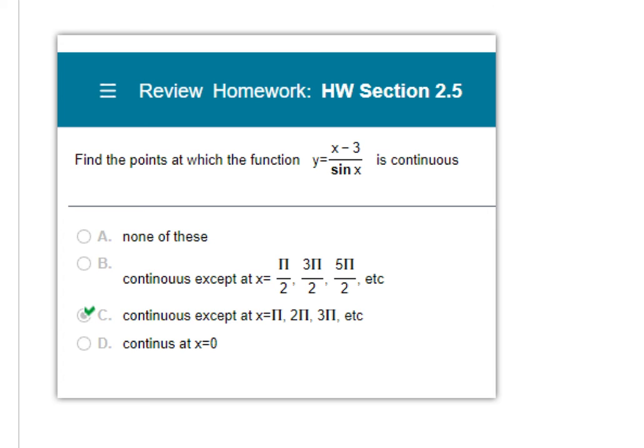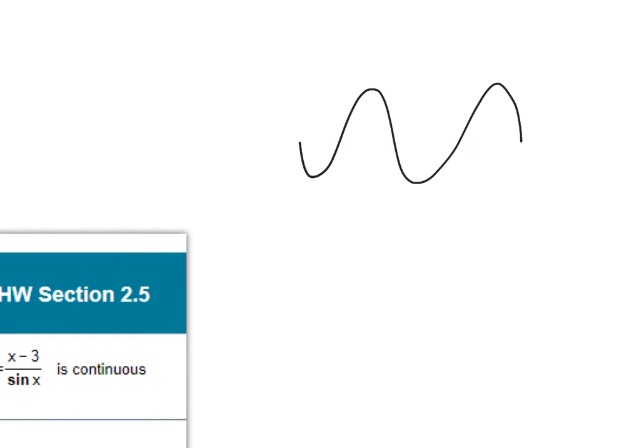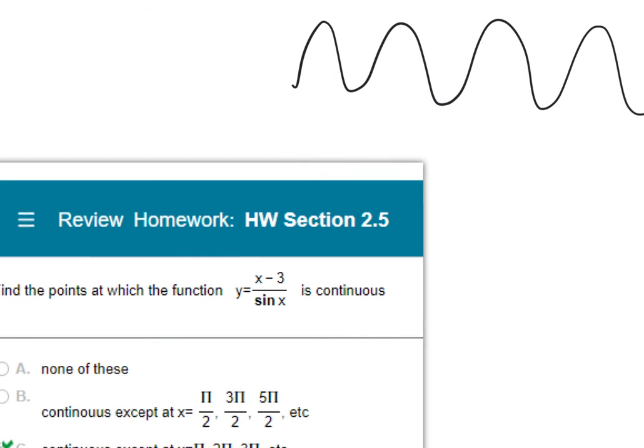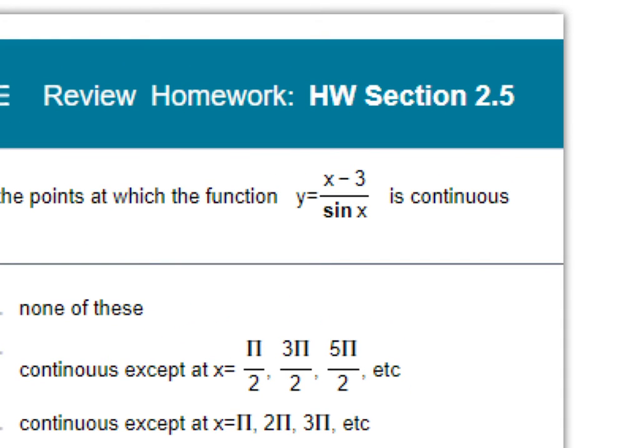Well, what's making me suspicious here is not necessarily the trig function of sine. That's not necessarily what's making me suspicious, because the trig function of sine, if you Google the image, looks something to the tune of that, and it is continuous. So that's not what's making me suspicious. What's making me suspicious is the fact that I have a denominator. This is rational.